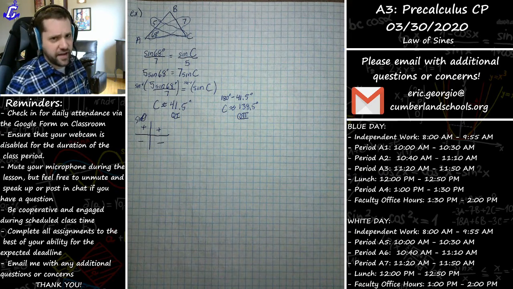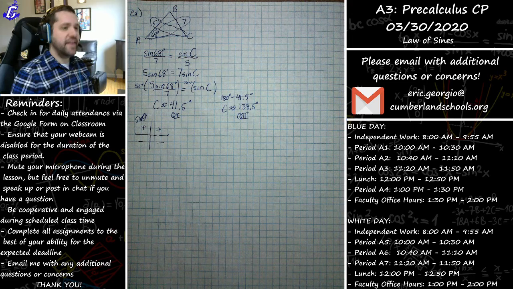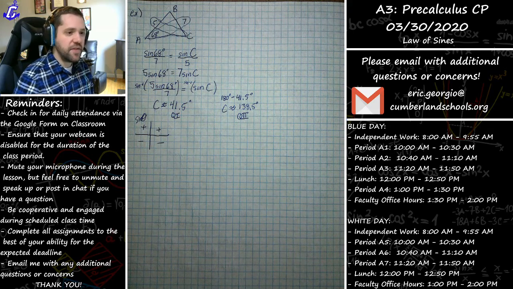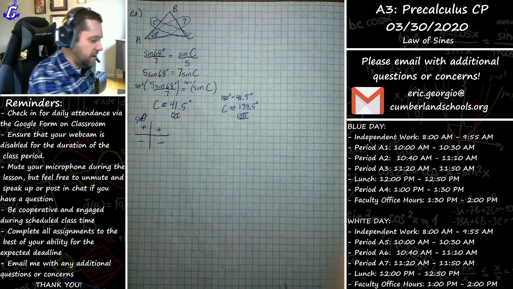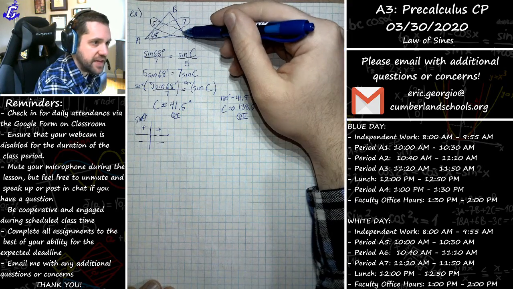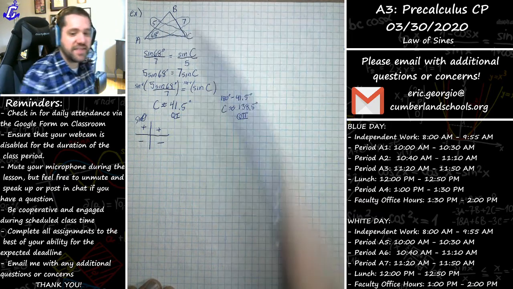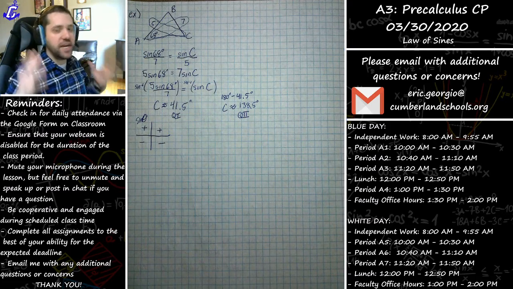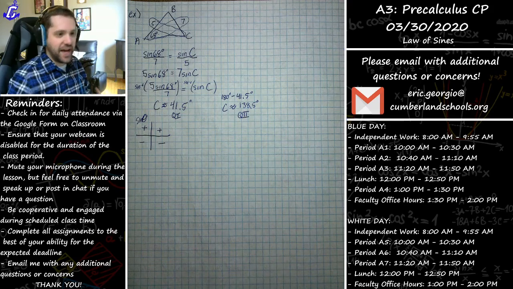Or could it? That's the question. You could say, yes, theoretically in quadrant 2, your angle that would have the same sine value is 138.5. But if you notice, if I put this angle of 138.5 in for angle C, that plus my 68 degree angle well exceeds the 180 degrees that your triangle angles have to add up to.